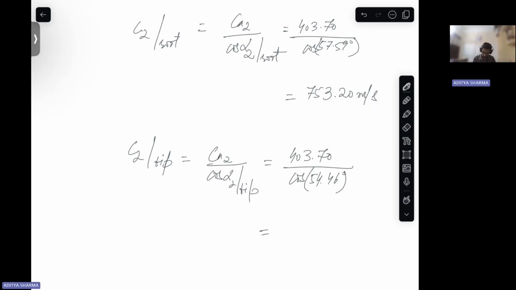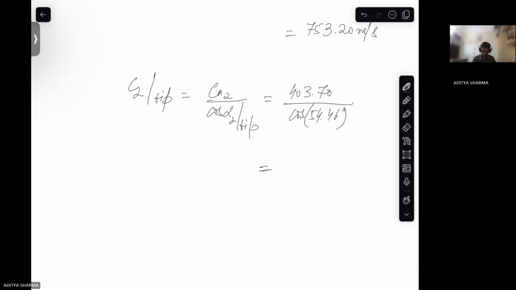This will come out to be 694.51 meters per second.